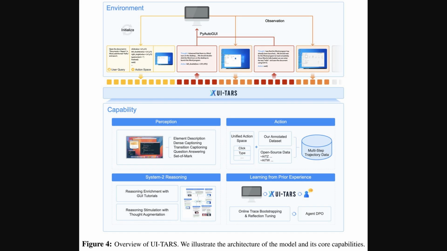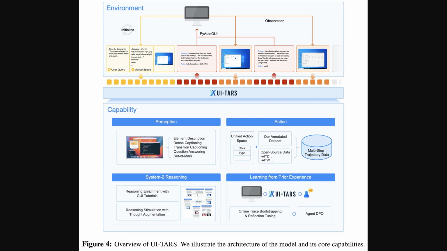Alright, so building on those core capabilities we just discussed, this next figure, figure 4, gives us a more architectural view of UI-TARS itself. It visually lays out how those components, perception, action, and that System 2 reasoning, all fit together within the model.